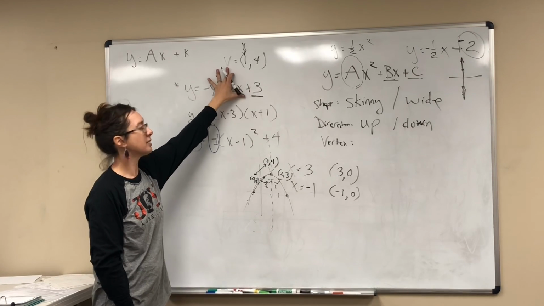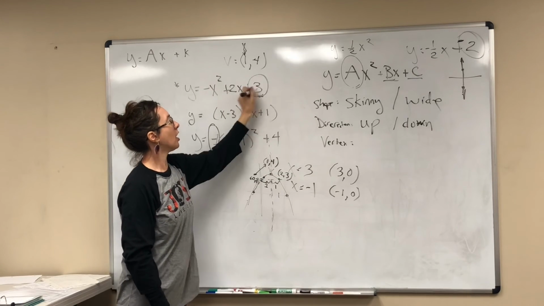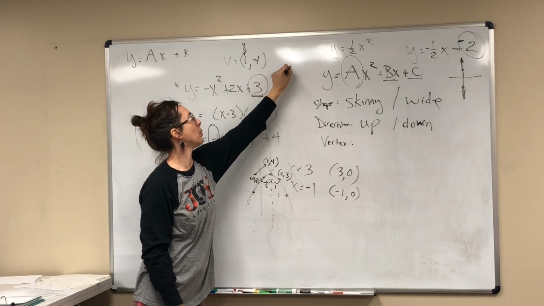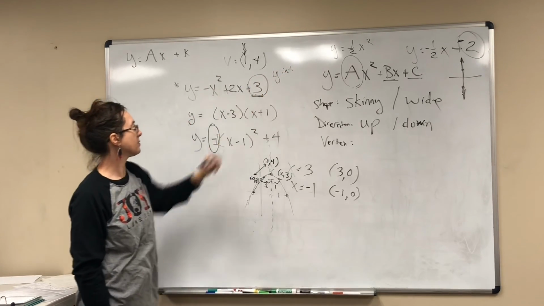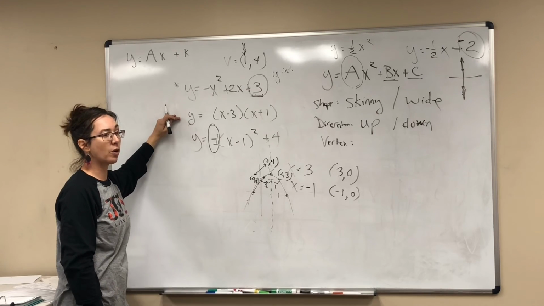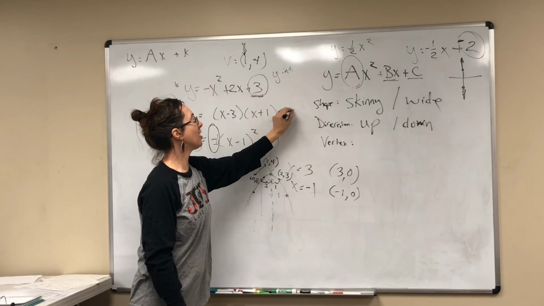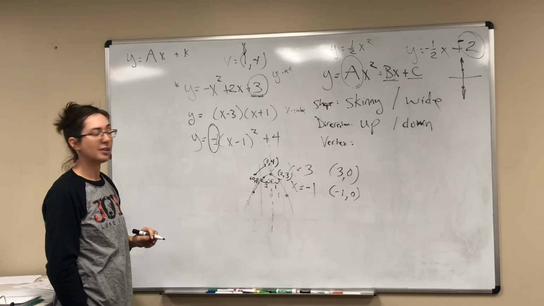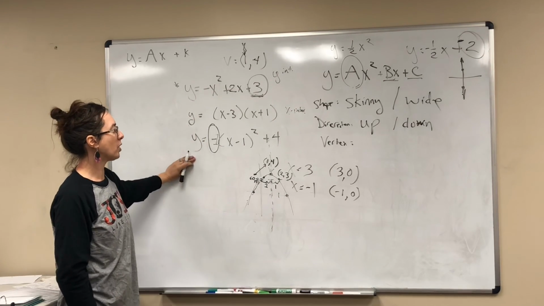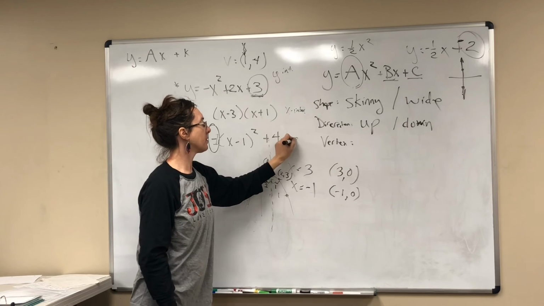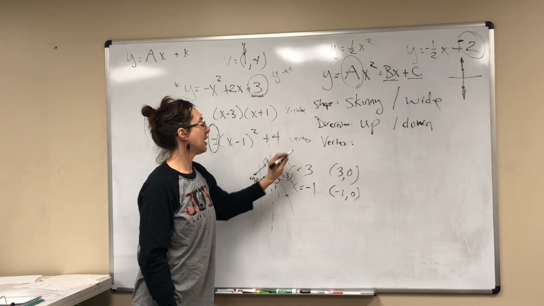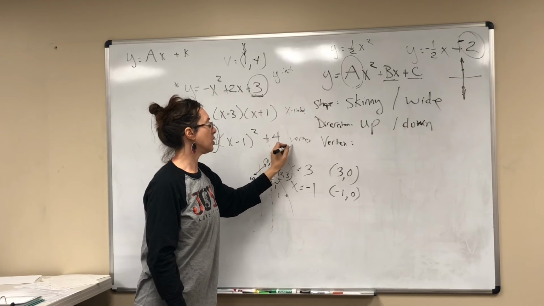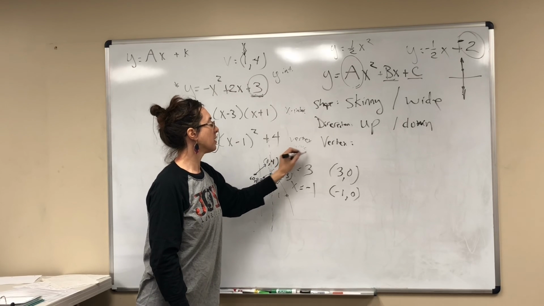All right, correct? Correct. So our standard form tells us our y-intercept, right there. Our factored form tells us our x-intercepts, correct? Yeah. Our vertex form gives us our vertex and the curvature and the direction.